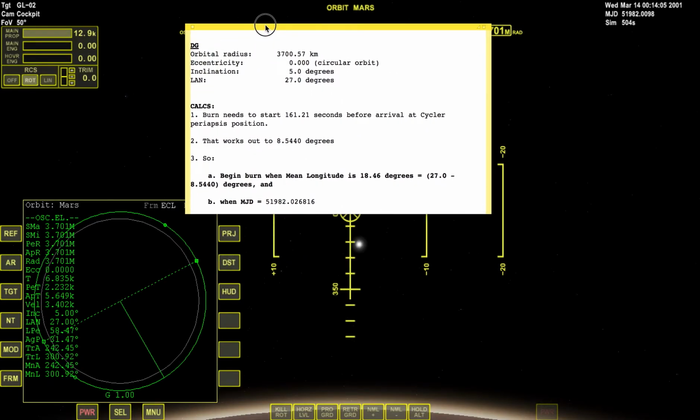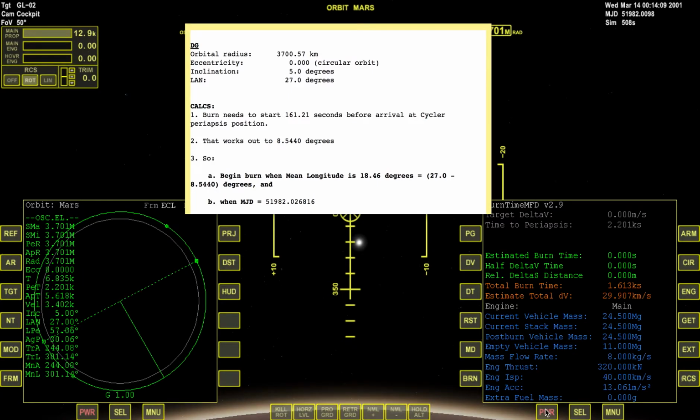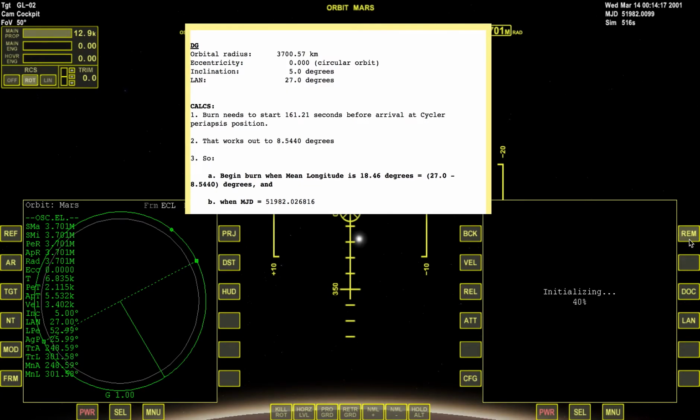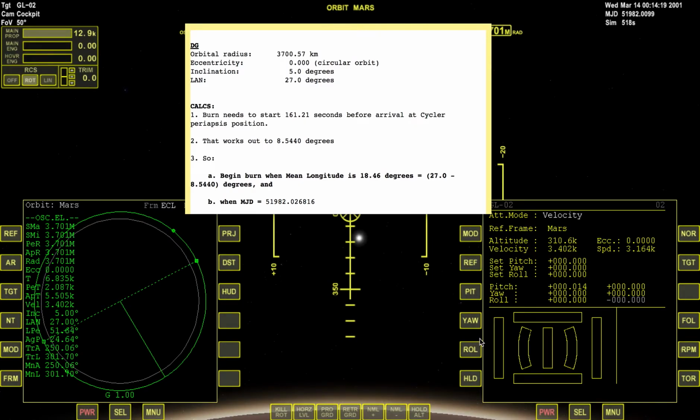Before we do that, we need to do a little bit of housekeeping. Let's get up the other MFD on the other side, select Pursuit MFD, and then just click hold to lock us into the prograde orientation.